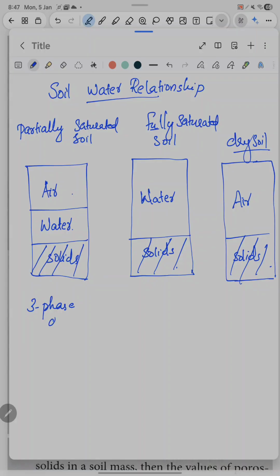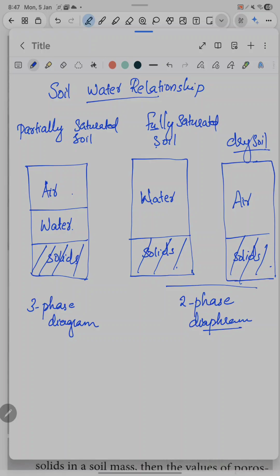So it is a three-phase diagram. And in case of fully saturated soil and dry soil, we can see only a two-phase diagram. That means solids and water in case of fully saturated, and soil solids and air in dry soil. So it is a two-phase diagram.